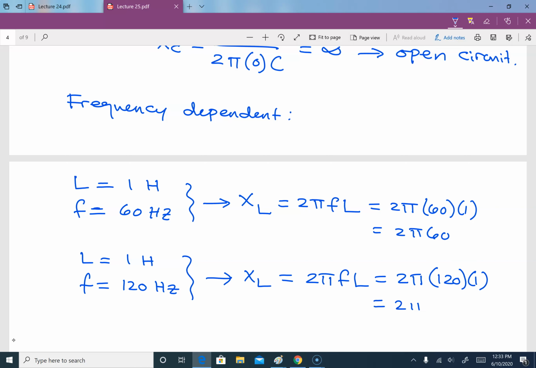So if you look at it, this value here is double this value, right? That's why we are saying that it depends on the frequency. So the frequency will affect the value of the reactance in the case of inductance and in the case of capacitance.